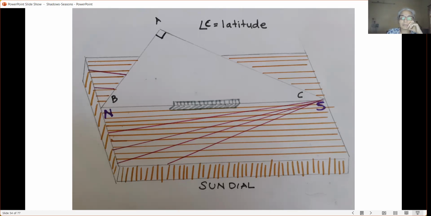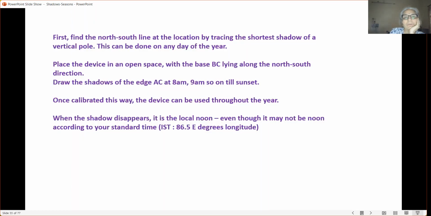So you use a standard watch and mark these shadows every 1 hour, and then you have calibrated it. Okay, so that gives you the time. So you can use this device throughout the year.